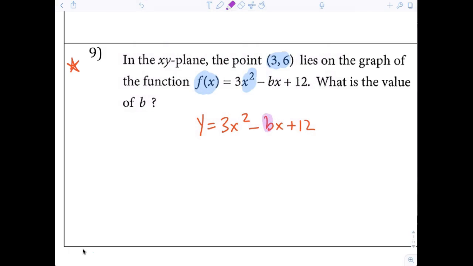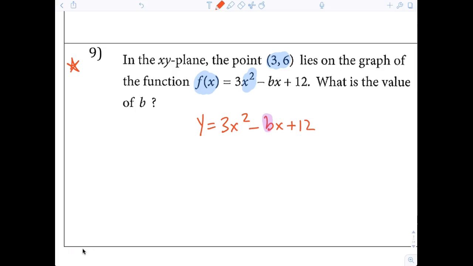How many variables are there in that problem right now? 3: a b, an x, and a y. I can't have 3 variables to solve an equation. I can really only have what? 1. So I need to get rid of 2 of them. So now, why is the 3, 6 important? What does the 3 represent?